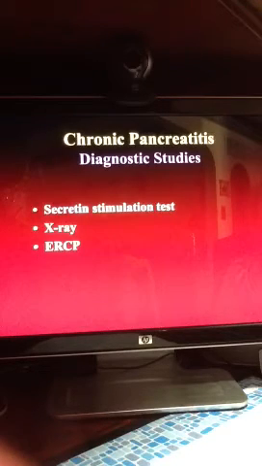This high bicarbonate fluid neutralizes the stomach acidity, and you have to have that happen in order for enzymes to function and allow the enzyme then to break down the food particles and then absorption of food to happen.